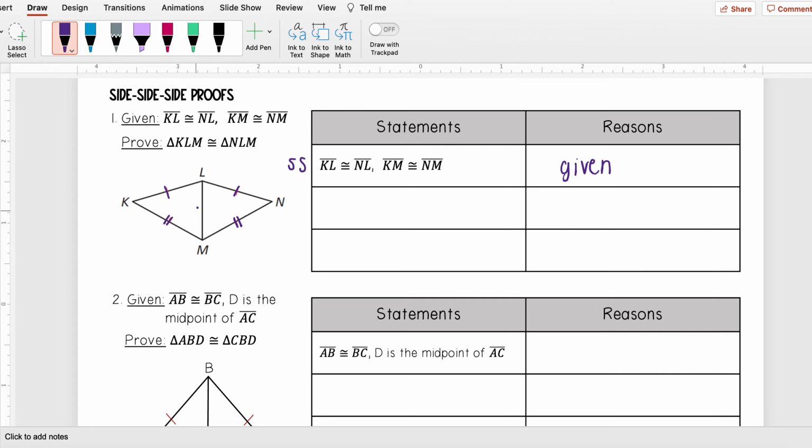Well, looking at my diagram here, I see that my third side, LM, is shared by both triangles. So since they're the same side, that means that it's going to be congruent to itself. So I have that LM is congruent to LM. And remember, the property that tells us that something is congruent to itself is the reflexive property.